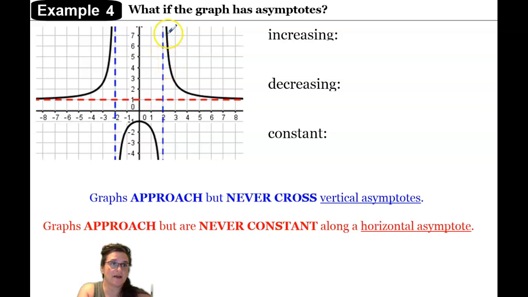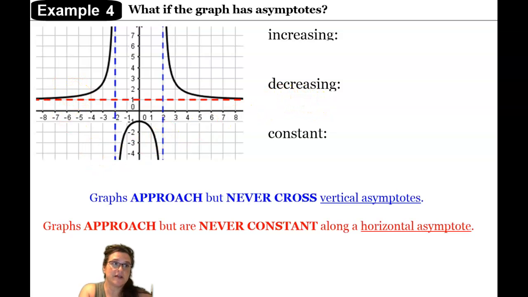So in this example, it's always decreasing here from the vertical asymptote at 2 off to positive infinity. Even though it visually looks like it's becoming horizontal, it never actually is horizontal because it's always forever approaching that horizontal asymptote.